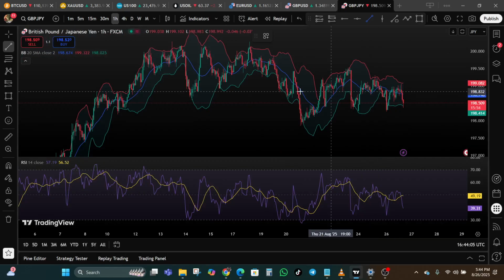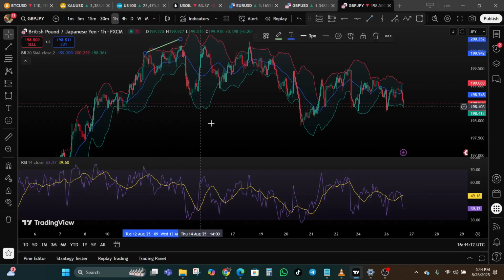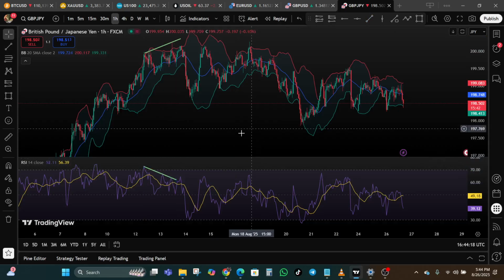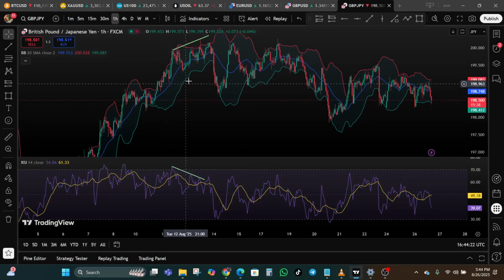If you have higher highs with price, because it's a bullish trend, and you have lower highs with the RSI, it shows bearish divergence, and it has to be in an uptrend. That shows that a bearish reversal is about to happen.